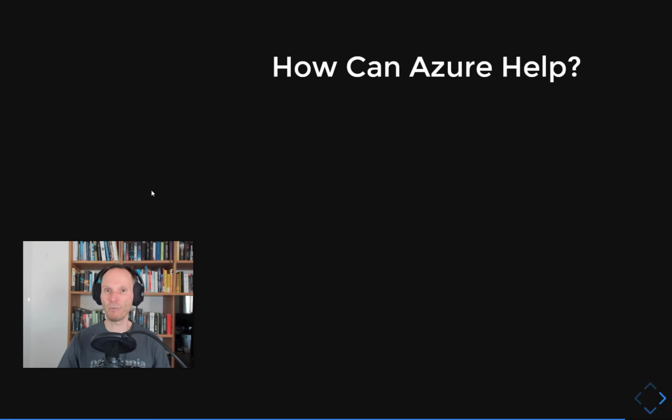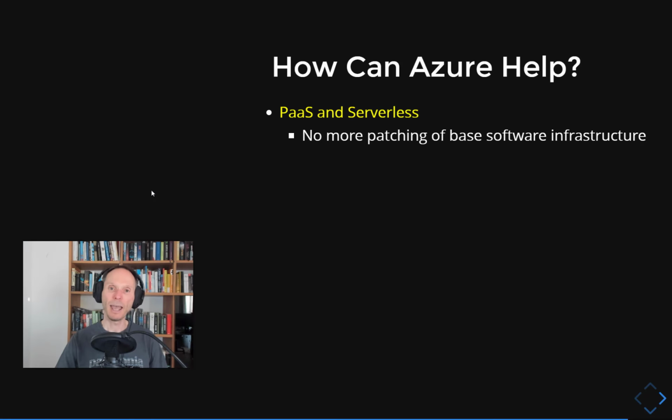They cannot be avoided. I want to make some examples from Azure. Azure offers more and more platform as a service and serverless offerings. It doesn't make sense to still stick with infrastructure as a service and patching base software infrastructure and so on and so on. The Anglo-Americans often say standing on the shoulders of giants, and this is what I mean here.